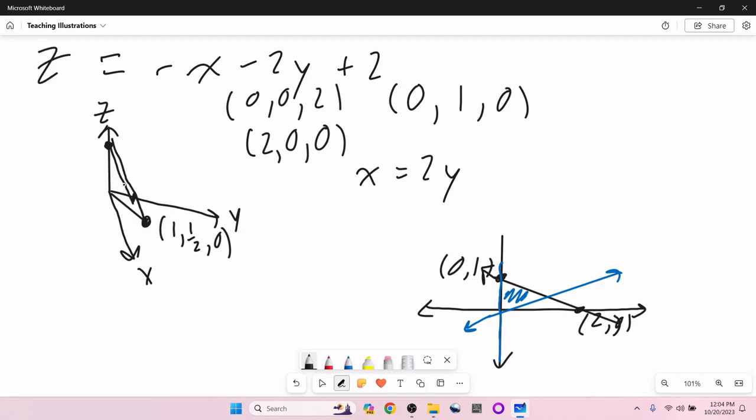And so the picture looks kind of like this, where this plane is our ceiling, x plus 2y plus z is 2. Our sidewall here is x equals 2y. And so at every point in this triangle here, we go up to the x plus 2y plus z equals 2 as our ceiling.